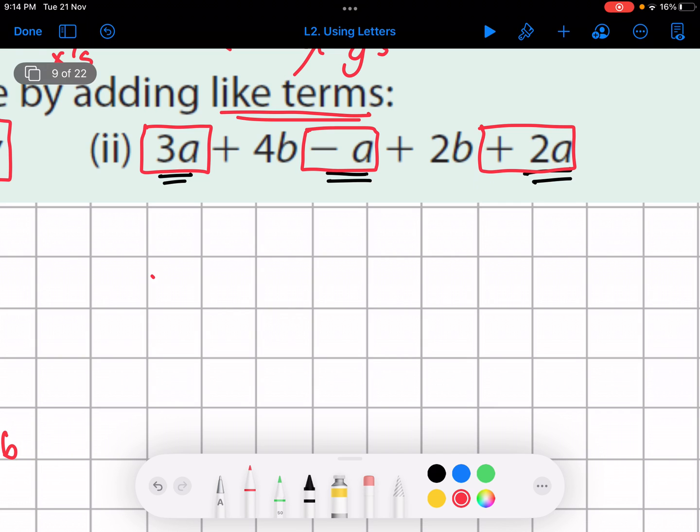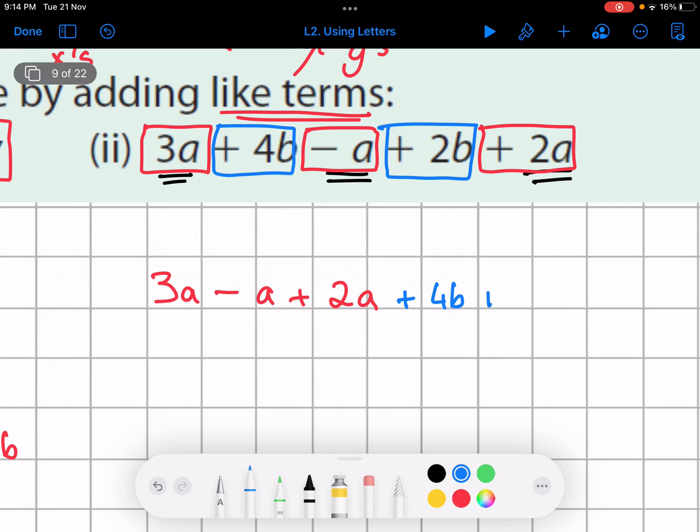So we can write them together. 3a minus a plus 2a. Then let's look at the remainder. So we have plus 4b plus 2b. So I just rearrange that math sum.